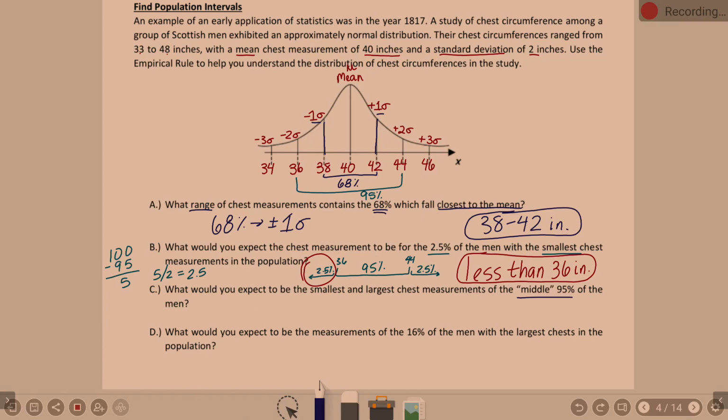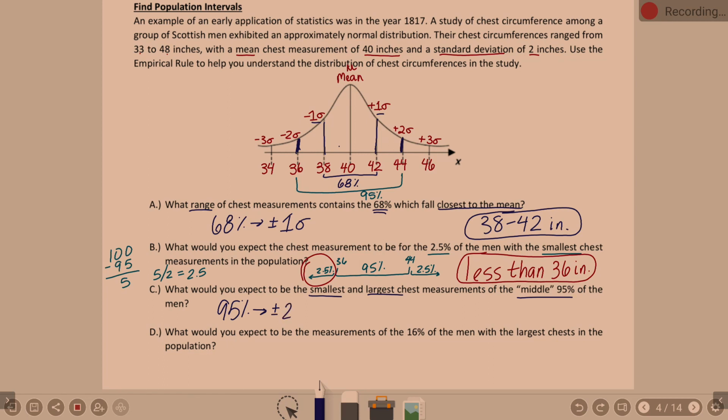That's a number that should sound very familiar to you because it's 68, 95, and then 99.7. So right there, what would you expect smallest and largest chest measurement? So then you're counting out 1, 2 standard deviations. And those values are 36 and 44.